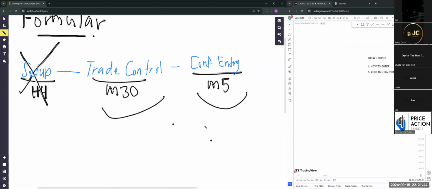Can we take a trade? The answer is yes, but the risk is so damn high. We are not taking stupid trades here. The only trades that we're going to risk our capital on are when we have setup, trade control, and a clear confirmation entry.